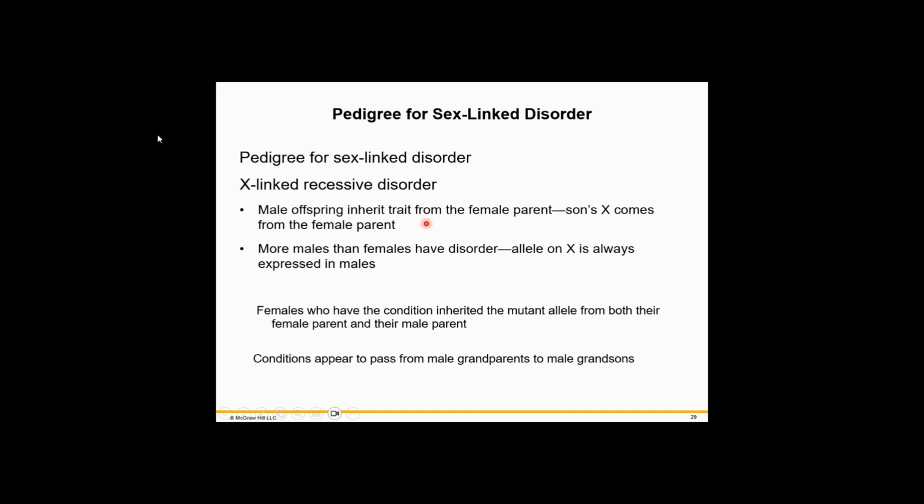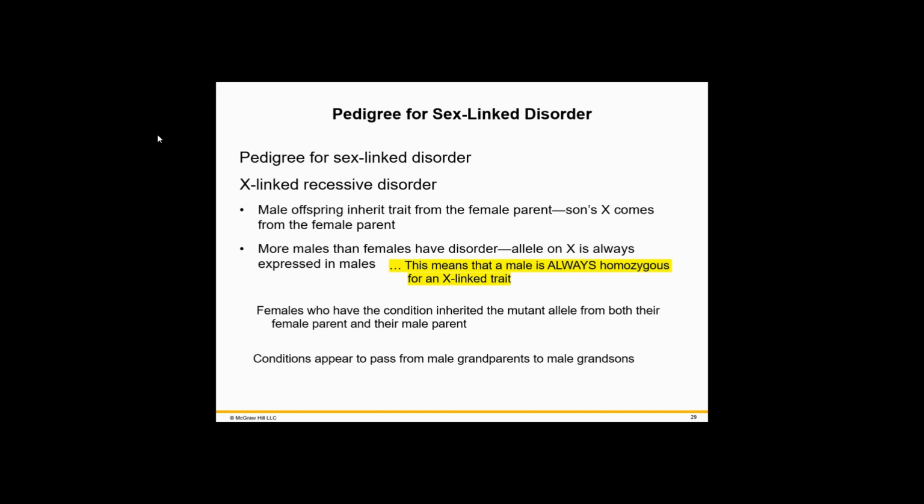But we know that males only have an X and a Y. So if it shows up on their X chromosome, then that's the only X that they have, so the recessive disorder would show up. This means that a male is always going to be hemizygous for an X-linked trait. And females who have the condition inherited the mutant allele from both their female parent and their male parent.